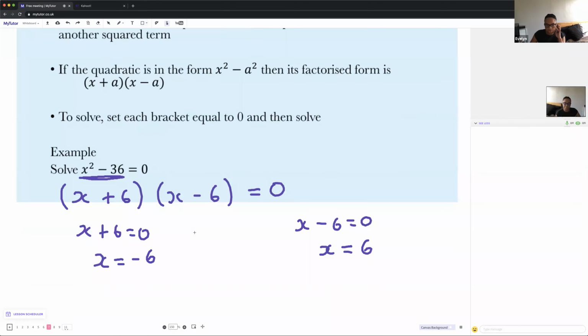And this is sort of like an exam technique question as well. If they ask you to solve, that means that it's an equation. So you should have something equals 0 or equals another number or something like that. If there's no 0, if they ask you to factorize, then you're not solving. You're not working out what x is equal to. You're just putting something into brackets.